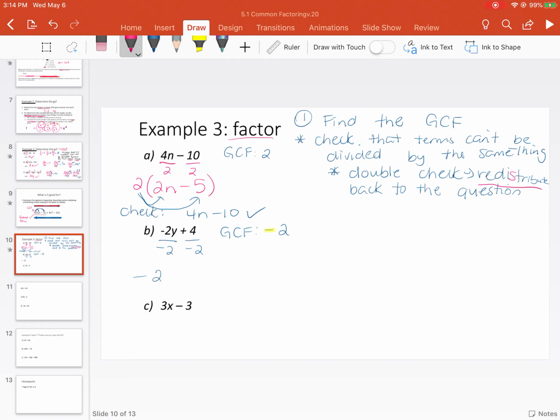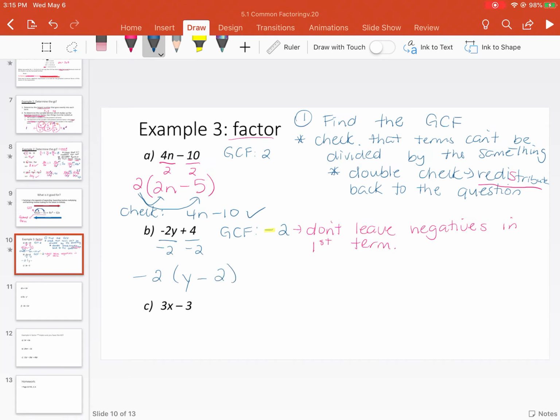So we're going to divide by negative 2. And like I said, maybe in the homework today you can, but eventually you won't be able to. So you might as well just not do it now, okay?